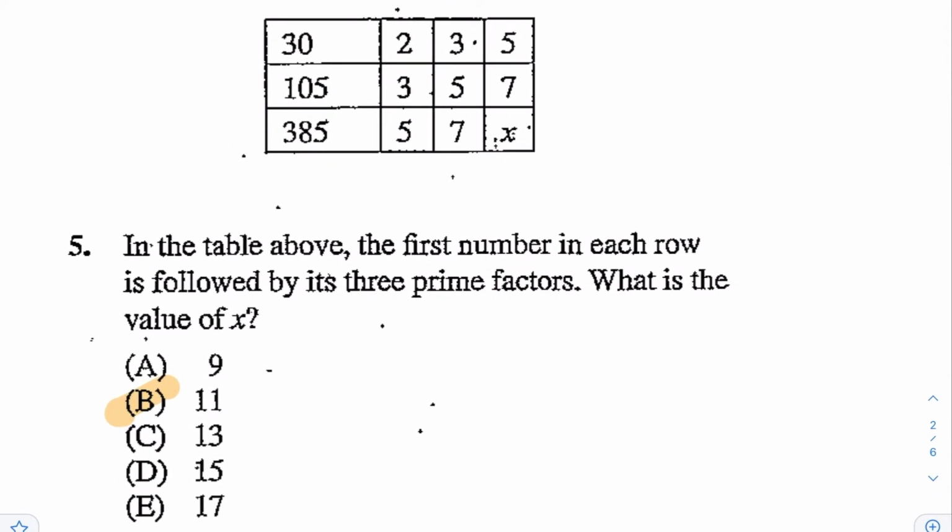All right, next for number 5, in the table above, the first number in each row is followed by its 3 prime factors. What's the value of x? So you have to identify the prime factors, and the keyword here is prime.